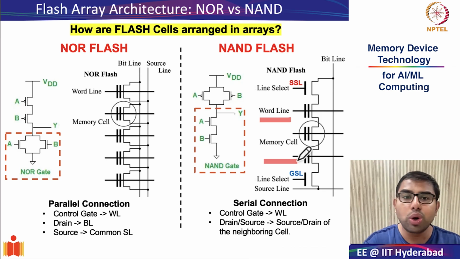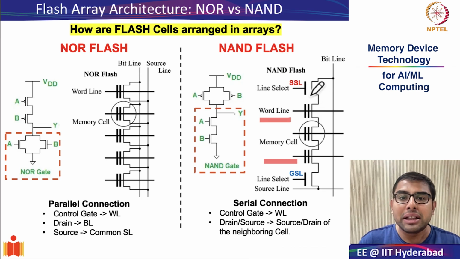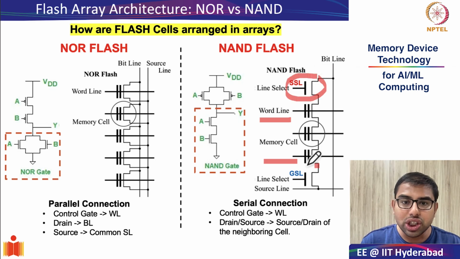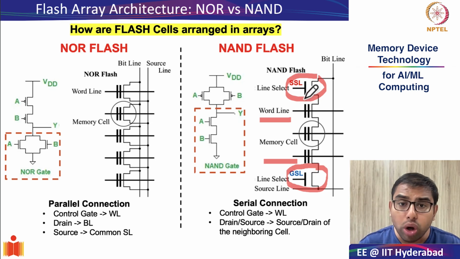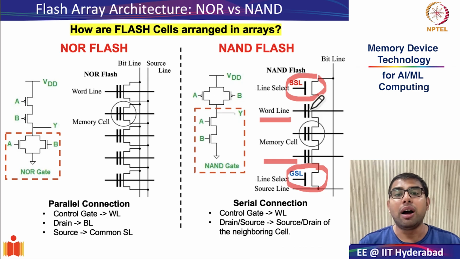Now, important to note over here is that the beginning of the string and the end of the string actually do not consist of a flash cell. How do we say that? If you look very carefully at the transistor schematic, it does not have the two lines at the gate stack which you notice for the memory cells.